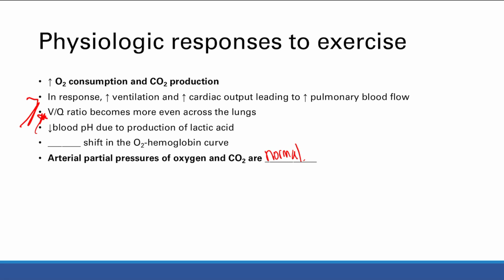So we're going to normalize this at the arterial level, okay? However, once this blood reaches the tissue, yes, you're going to consume more oxygen and make more CO2. So venous O2 content is decreased and venous CO2 content is increased, okay? But note that at the arterial side, before it reaches the tissue, it's going to be normal because we have this compensation. Okay, so that's it for our physiological responses to exercise and to altitude.